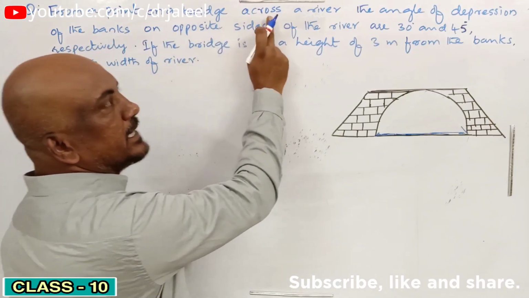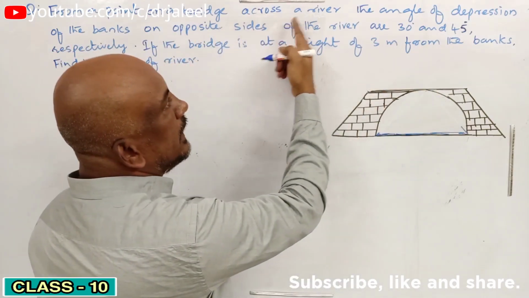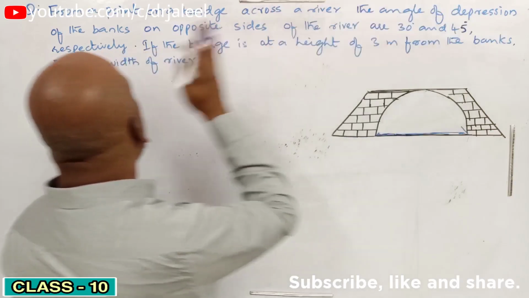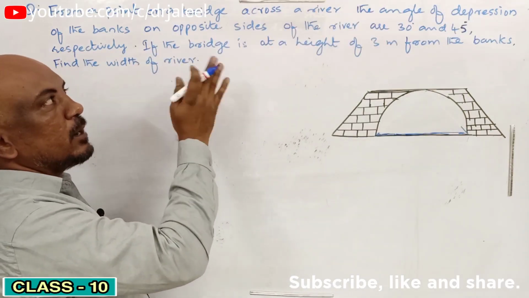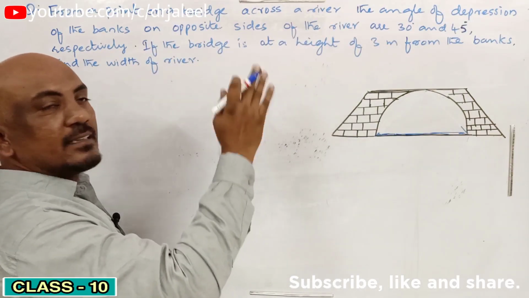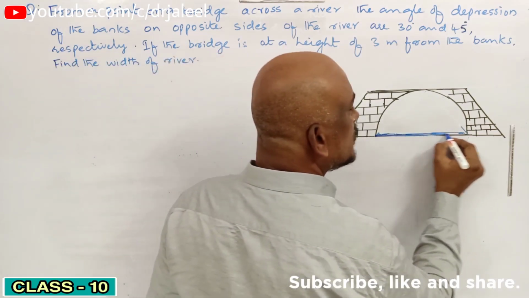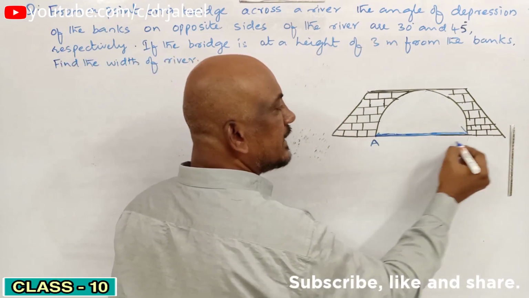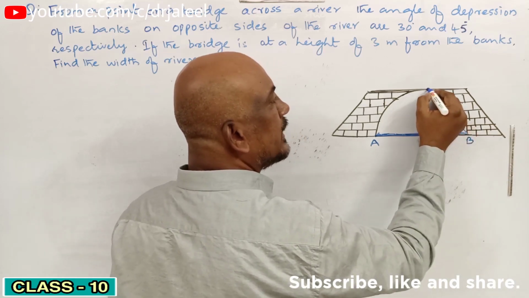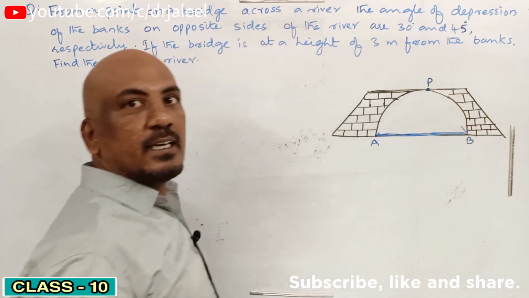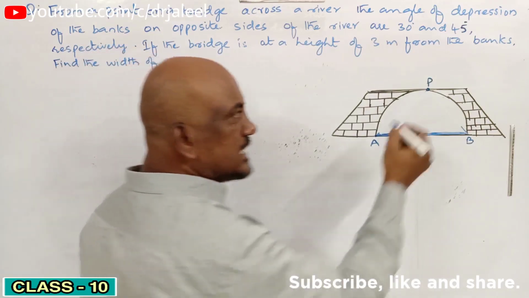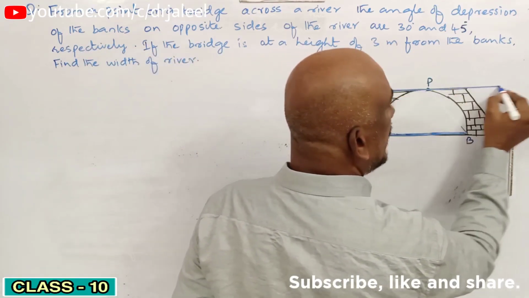From a point on a bridge across a river, the angles of depression of the banks on opposite sides of the river are 30 degrees and 45 degrees. So let us take this to be the river and the banks are A and B. The point where you are standing and observing is P on the bridge. From this point, this becomes horizontal.